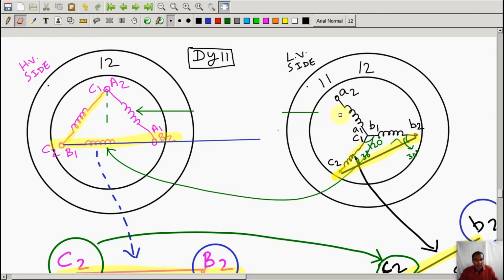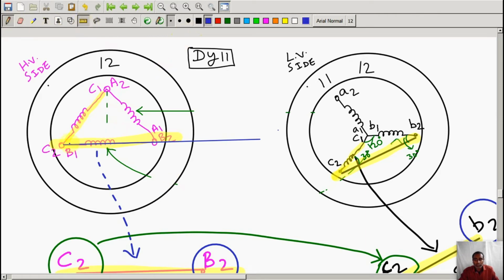These are not needed now. It was shown earlier to indicate that these phase windings on the HV and LV side will be parallel to each other. Let us not keep those things now. We just want to prove that the angle will be 30 degree.